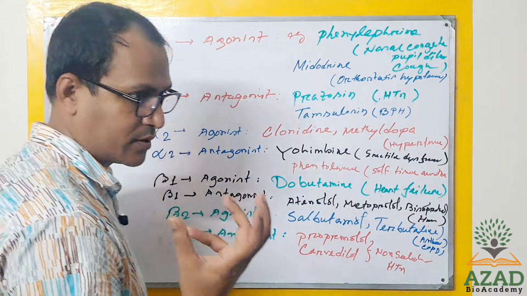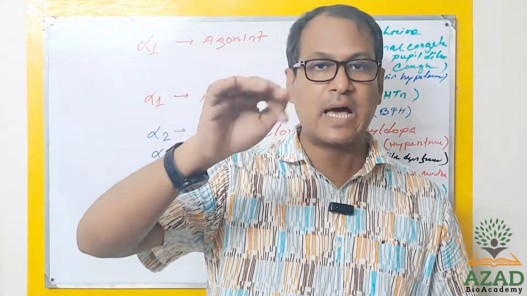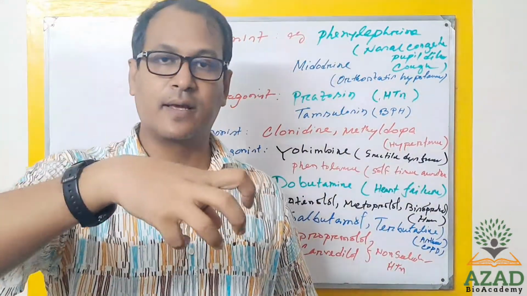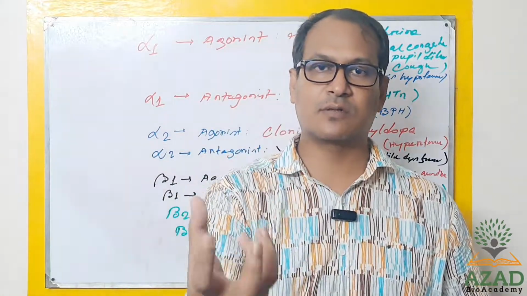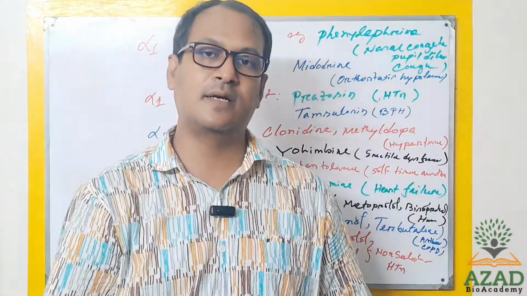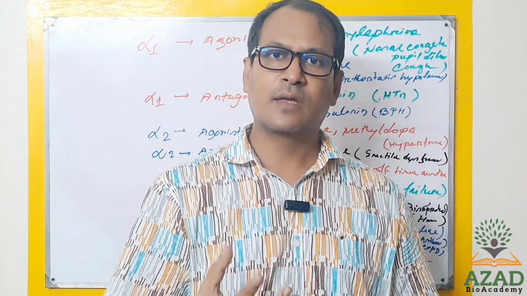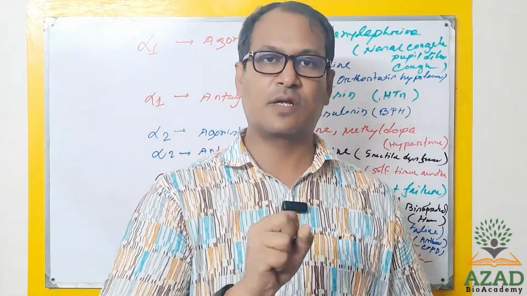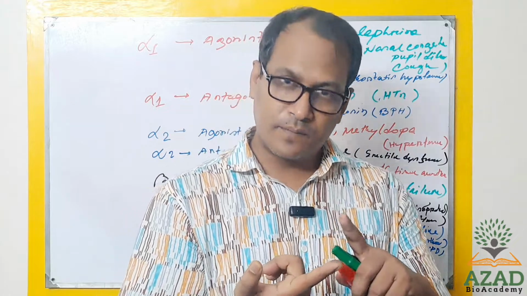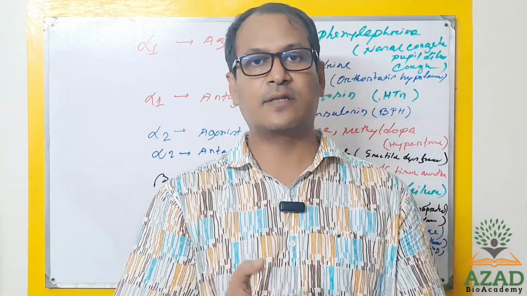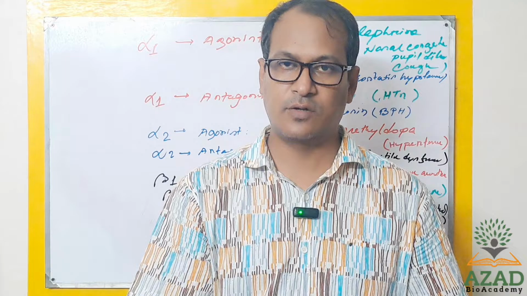Alpha 2, as I already said, is very rich in your nerve endings, and that will regulate or control the adrenergic neurotransmitter. So if you use an agonist, that will inhibit the further release of adrenergic neurotransmitter.